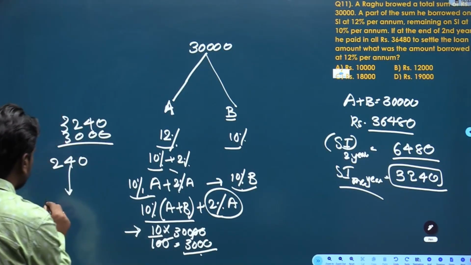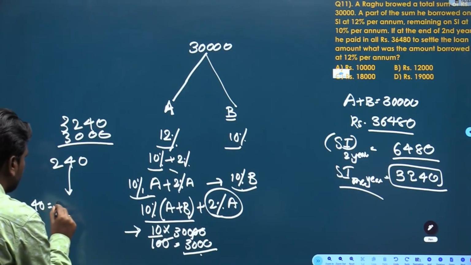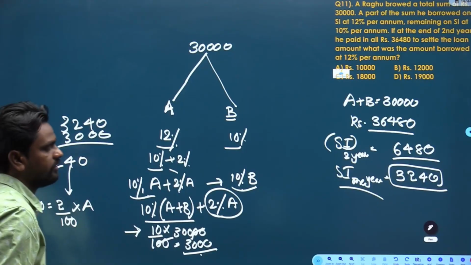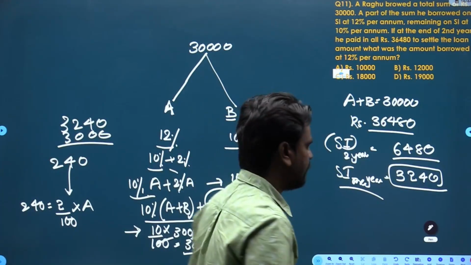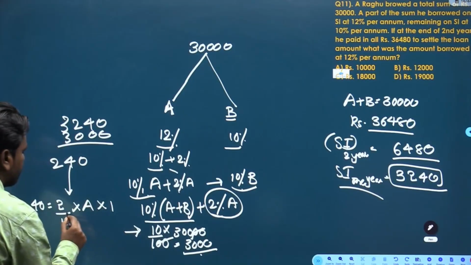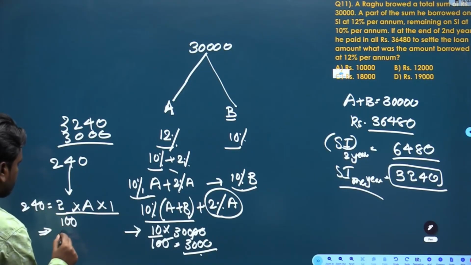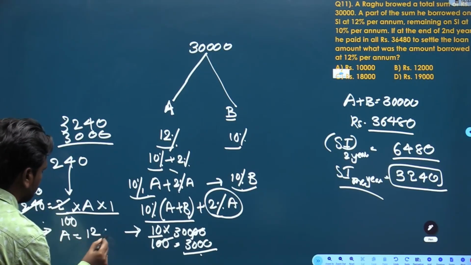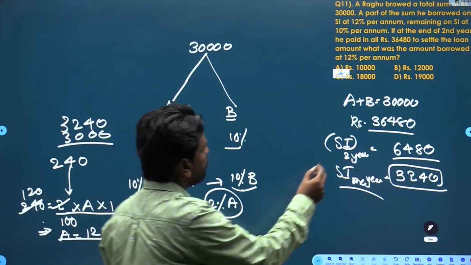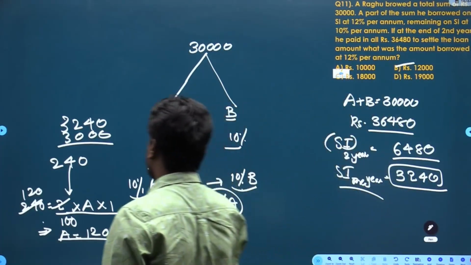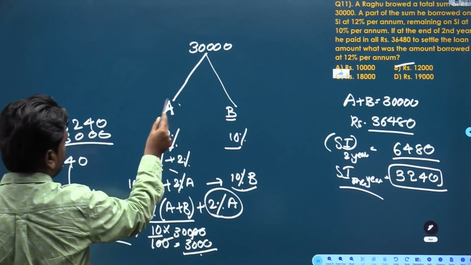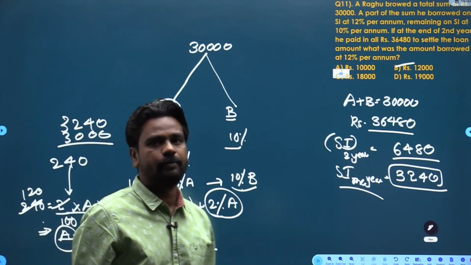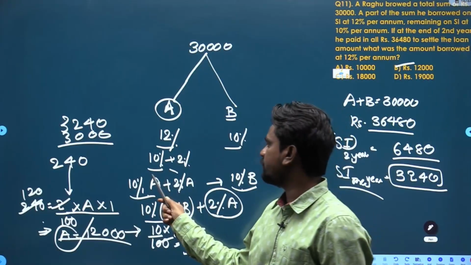So 240 is 2 by 100 into A, and the time is 1 year. So we get A equal to 12,000 rupees. So 12,000 rupees is the amount that he borrowed at 12% per annum.